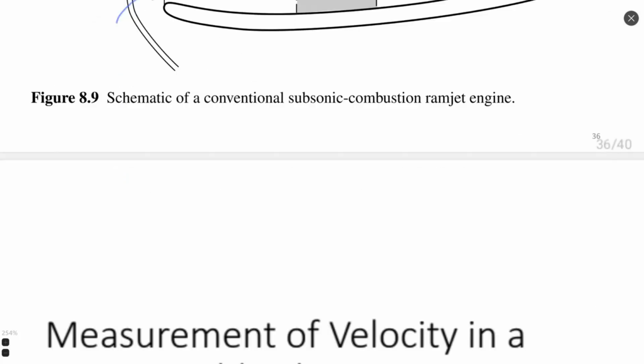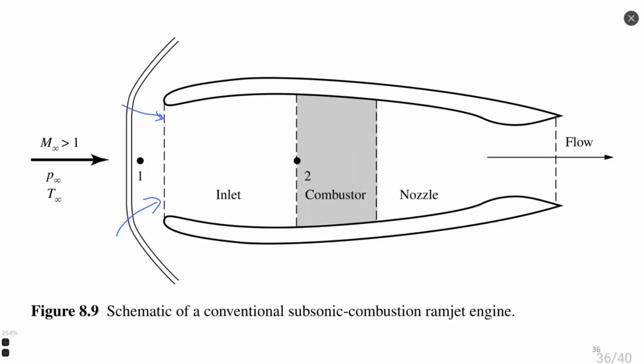But here Anderson proposes to us calculation, for example, of such type, or at least calculation of some properties. As an example, flow is supersonic on the entrance, so we can use theory of normal shock waves to calculate the transition from infinite conditions to point 1.